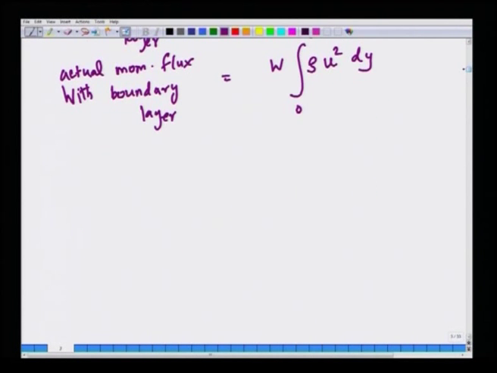So, the deficit is simply, imagine that you are lifting the boundary layer, this is the actual surface of the plate.